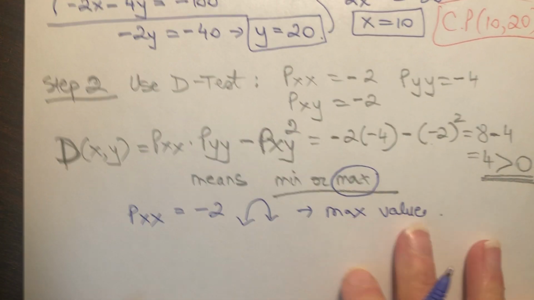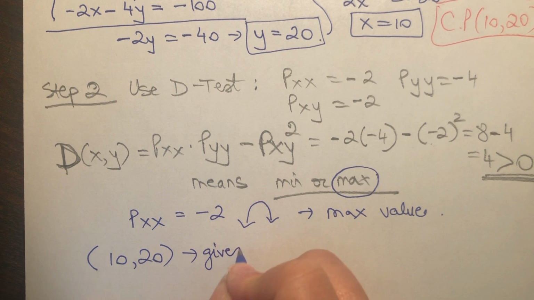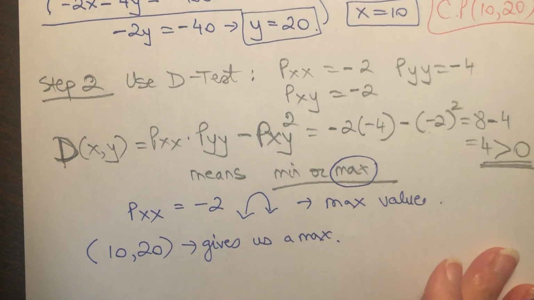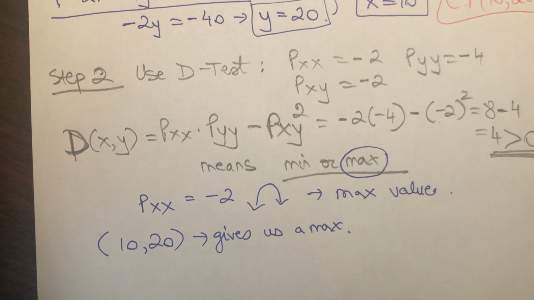So in other words, this critical point that we found gives us a max. Just as we asked for, right? Just as promised. Okay. So that was just the testing. As I said, we could have easily skipped this part.